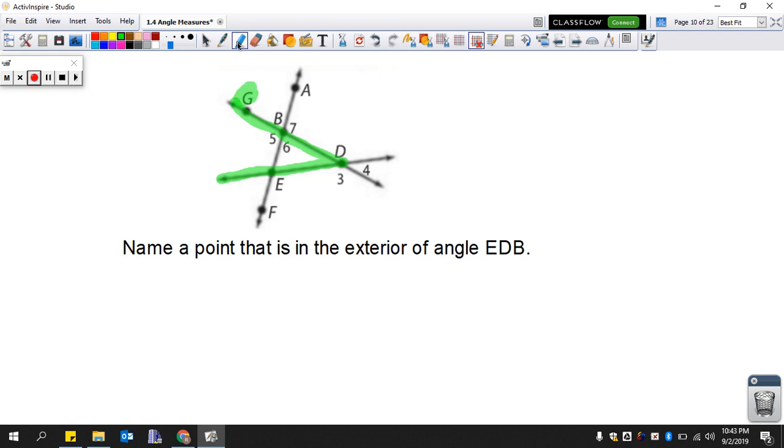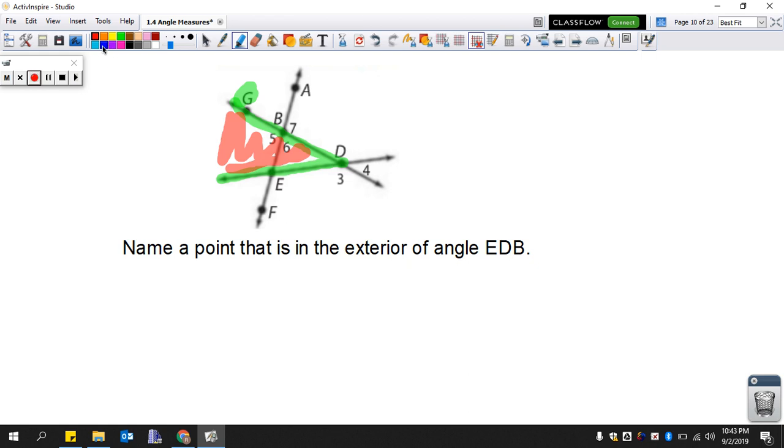Okay, so we have two points that are on the exterior. Okay, this is the interior here. The red shaded area is all on the interior of the angle EDB.